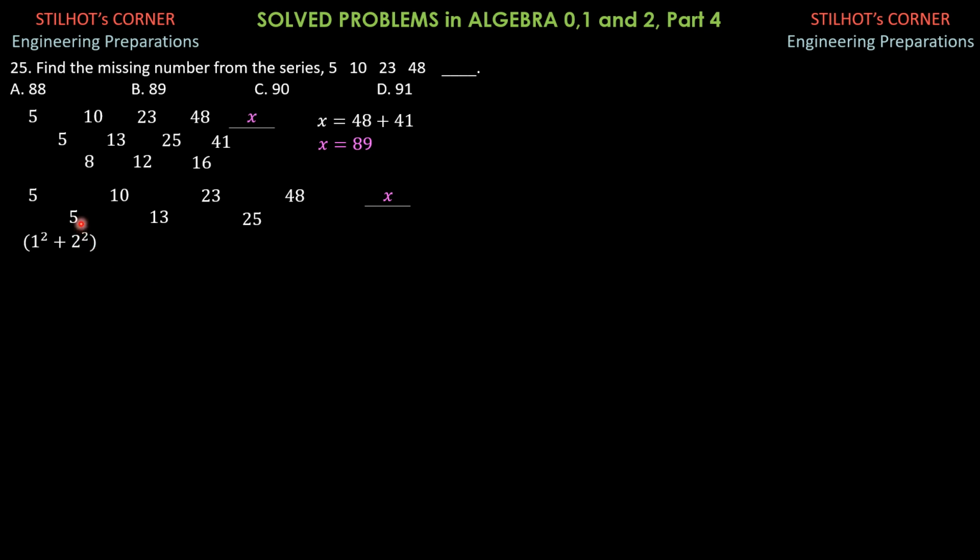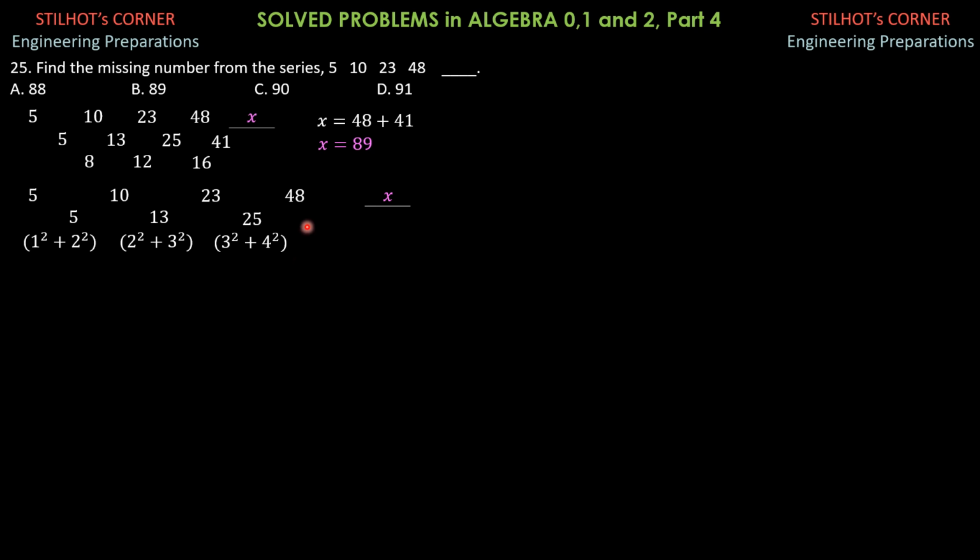You have to visualize, or you have to think of it. 13 is 2 square plus 3 square. 4 plus 9 is 13. So 25 should be 3 square plus 4 square, which is true.